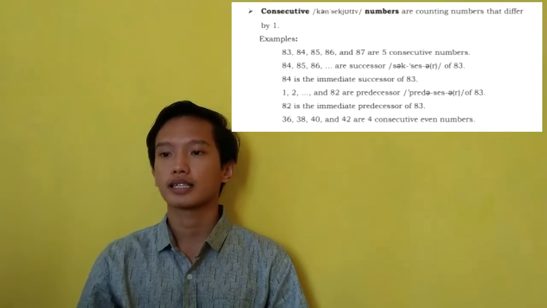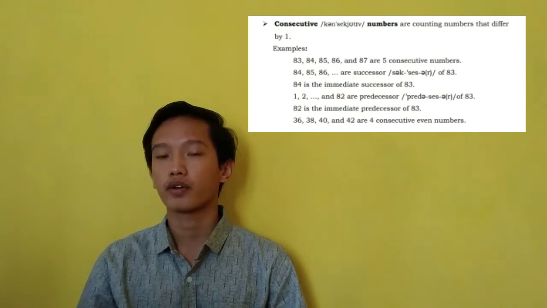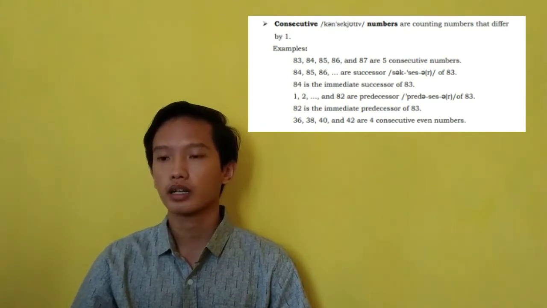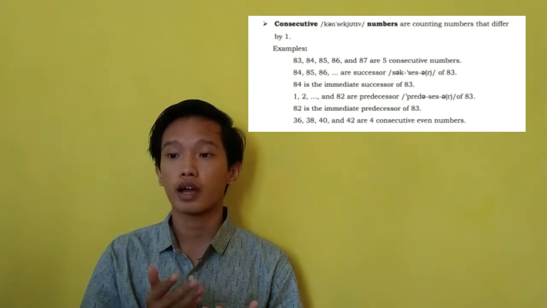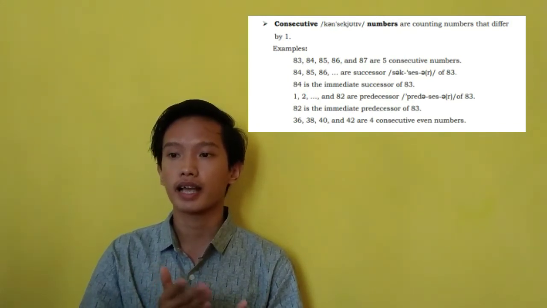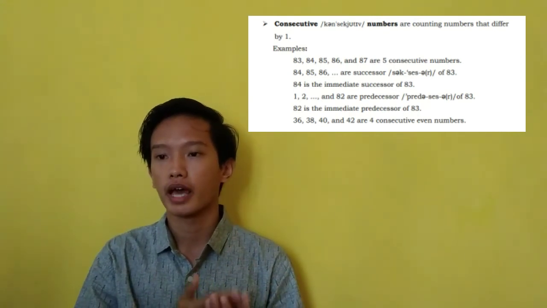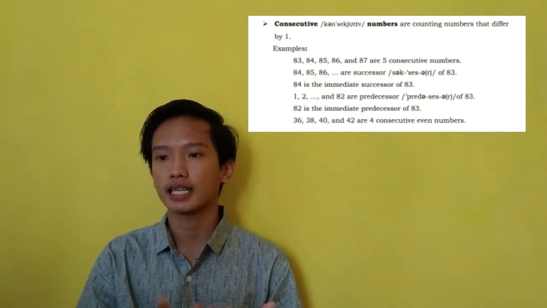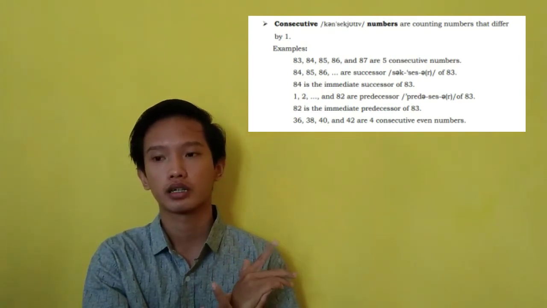And then consecutive numbers are counting numbers that differ by 1. For example, 83, 84, 85, 86, and 87 are 5 consecutive numbers. 84, 85, 86 are successors of 83.